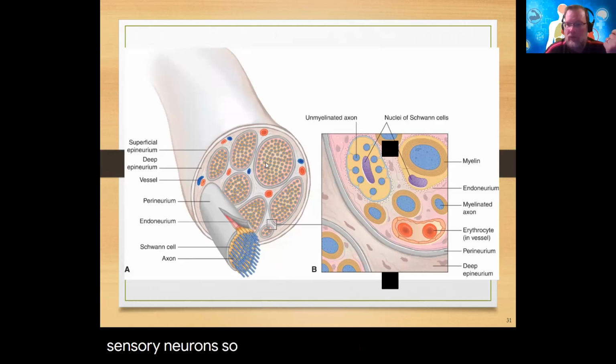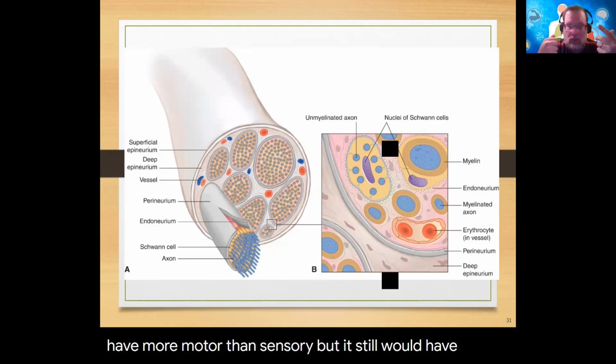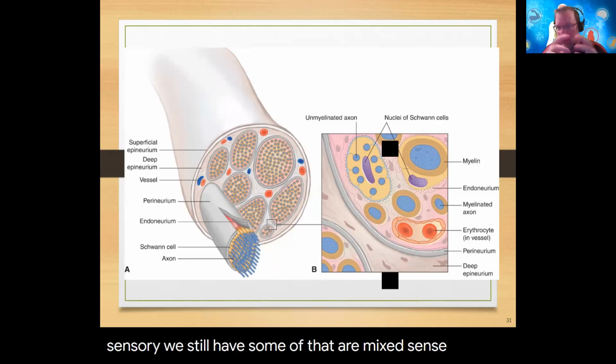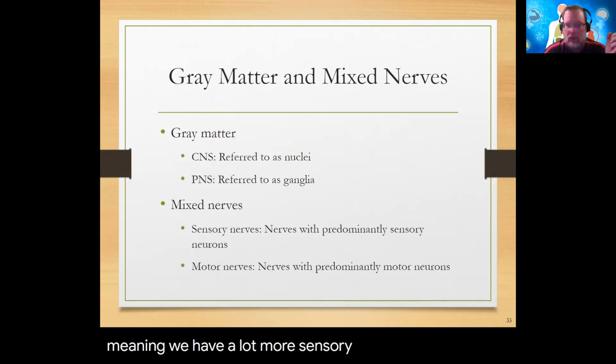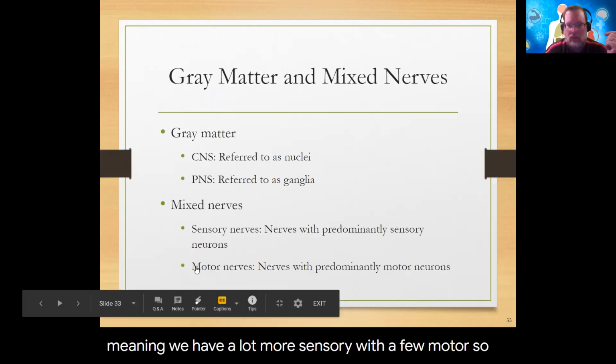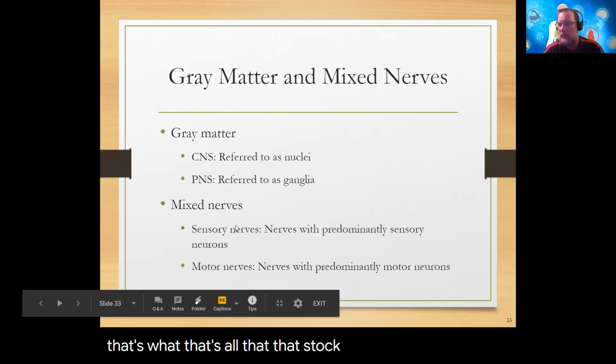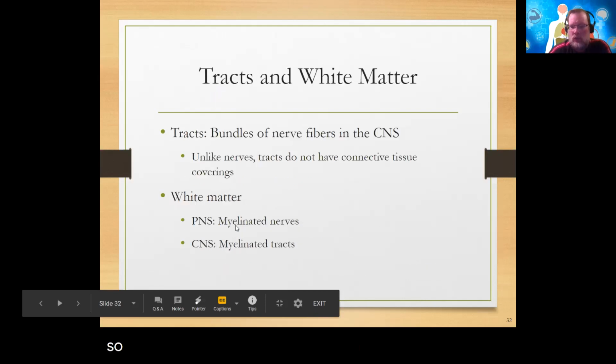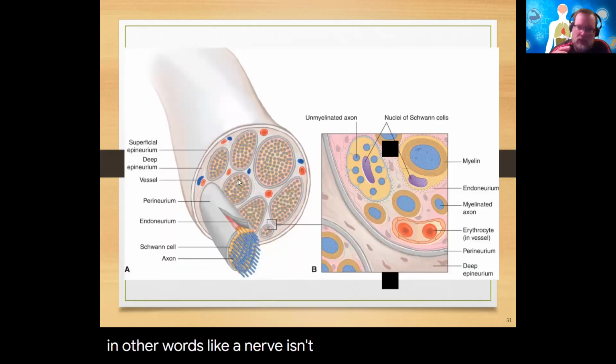So if it's mixed motor, then it just means we have more motor than sensory, but it still would have sensory. We also have some that are mixed sensory, meaning we have a lot more sensory with a few motor. So that's all that's talking about. In other words, a nerve isn't just sensory or just motor. It's typically going to be mixed.